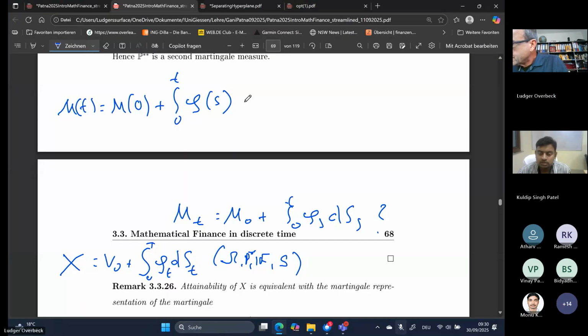Picard theorem? Doesn't work. If you don't tell me now, I'll tell you after the break.